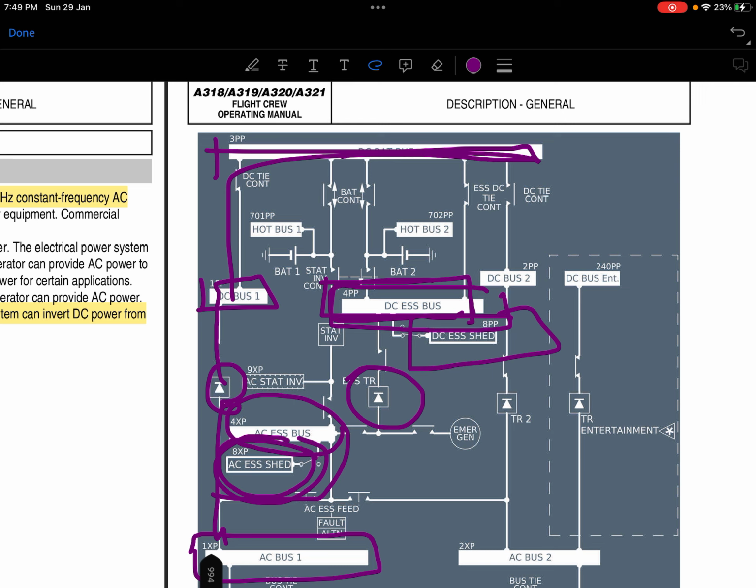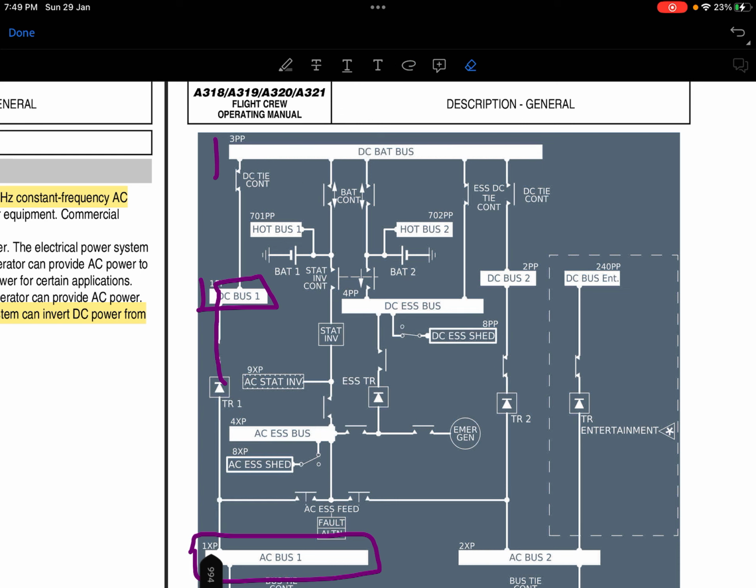So do not think that the electric current goes to the DC essential bus from the AC essential bus in normal configuration. I hope I was able to make it clear for you.